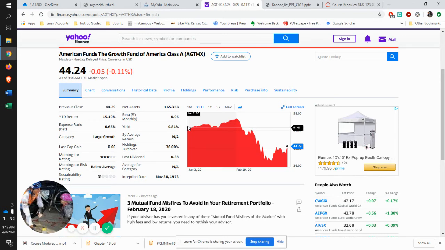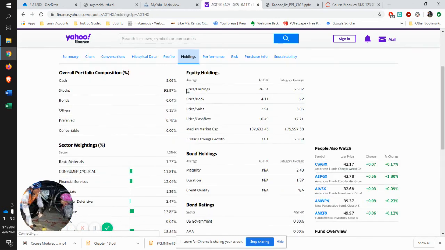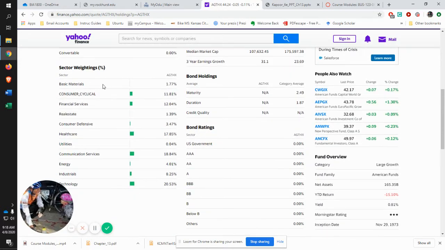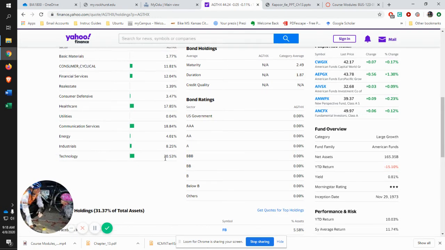The reason for that is because if you look at the holdings, almost all of it is in stock. And you've seen what's happened with the stock market. You can also see the sector weightings. In other words, what sectors are these stocks in? So I have consumer cyclical, financial services, healthcare, communication services, technology is a big one as far as the holdings in this mutual fund.